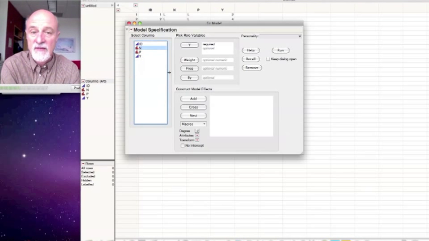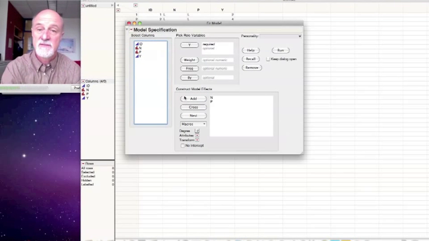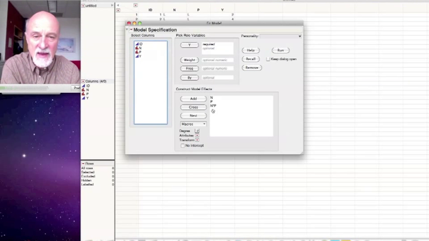I hypothesized there might be a nitrogen effect, there might be a phosphorus effect, but the effect of nitrogen might depend on the level of phosphorus. So I click on nitrogen and then shift click on phosphorus and cross the two, okay? So that gives n times p, it looks like.